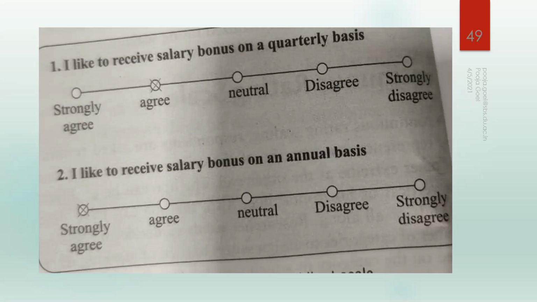Because it will reduce the reliability of the questionnaire, because either a person would like to have it on a quarterly basis, or he will be neutral or disagree for the annual basis. For both these statements he can be agree or totally agree. So if the people fill these kind of responses, your response will get spoiled in that situation, right?